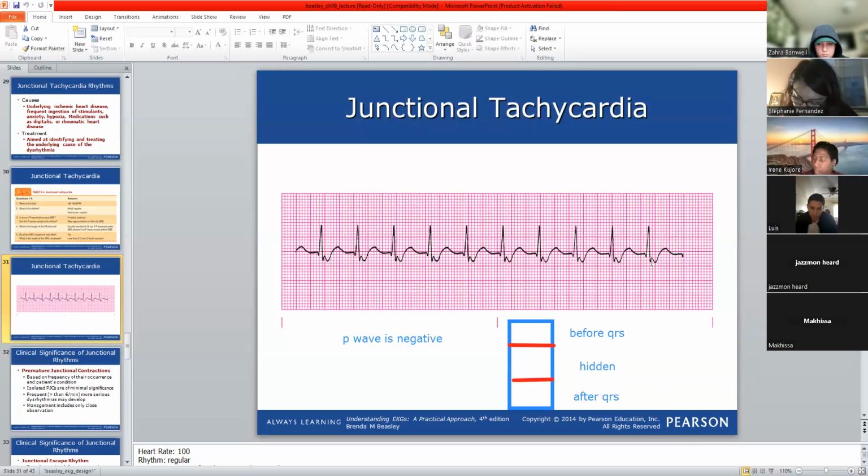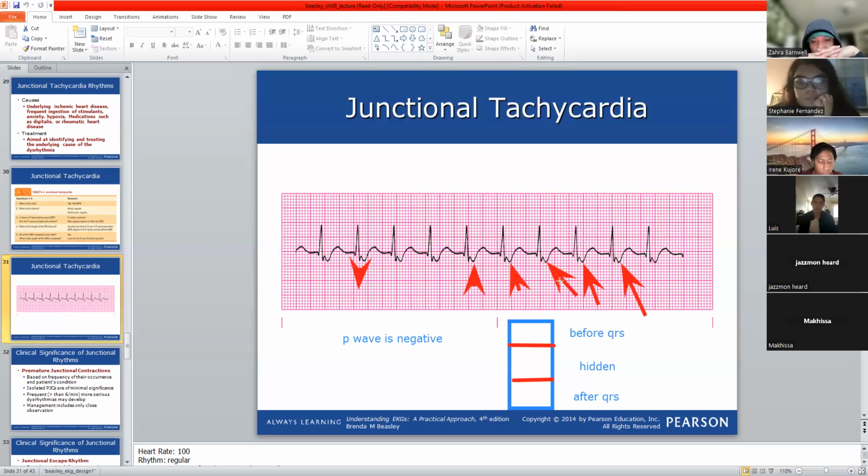Roughly speaking, with the students we say that there is no P wave. But to be honest with you, the P wave is actually there, but it is beyond your knowledge. This is the P wave, which is negative and comes after the QRS. So this means it comes from the lower third, as in the diagram I mentioned to you. So in all cases, here we have a P wave which is negative.